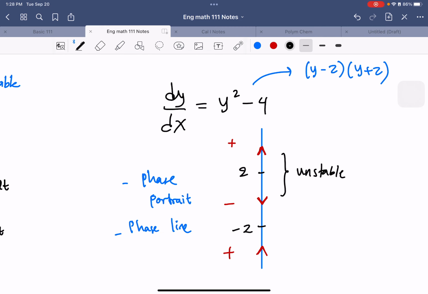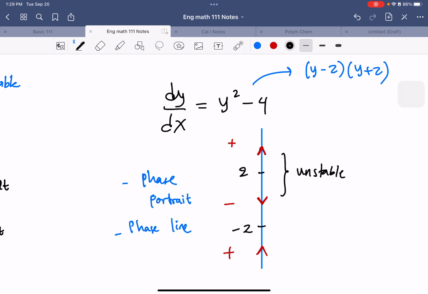The stable or unstable, it is referring to the asymptote here. So if you draw your slope field, remember before we go in here, we can draw the slope. Just put some x, some y. Draw all the points, maybe from 0 to 8, 0 to 10, and you will see at y equal to 2 or y equal to -2, there will be a horizontal asymptote.